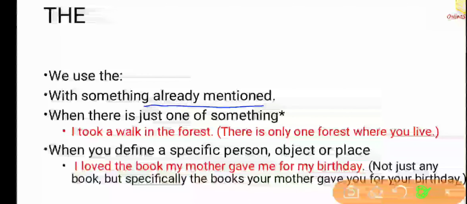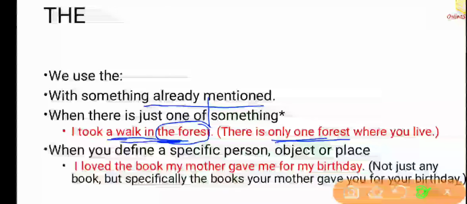Also, we use the when there is just one of something, that means one of its type. For example, if I say I took a walk in the forest, here I am talking about the only forest where I live. There is only one forest where you live, that's why I have put the before it.